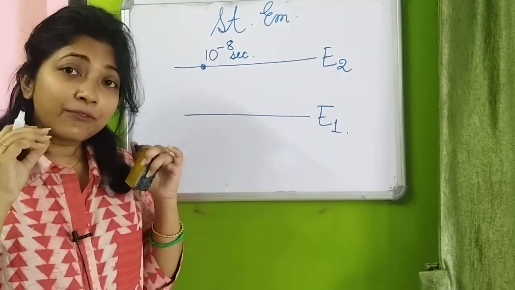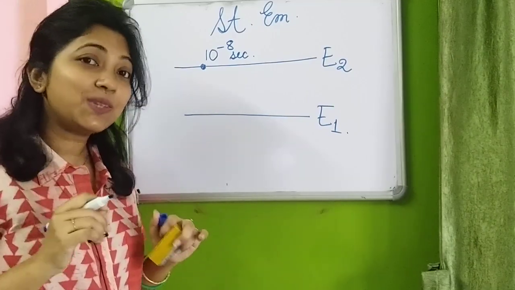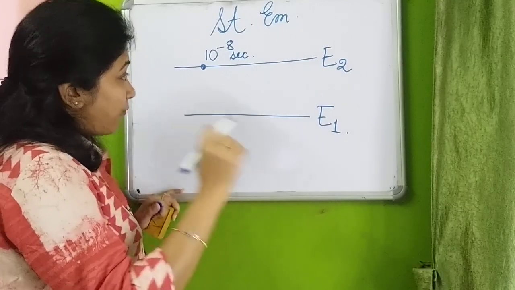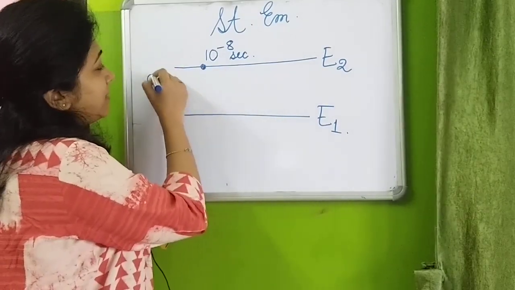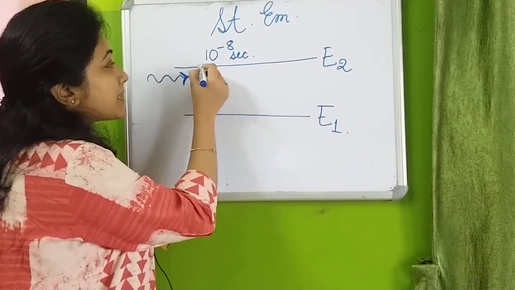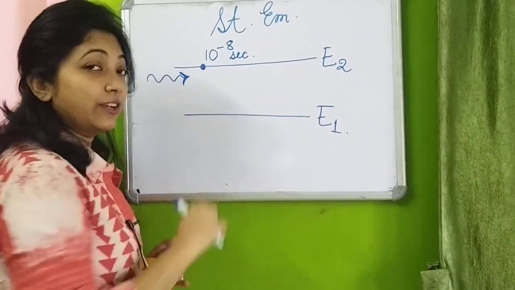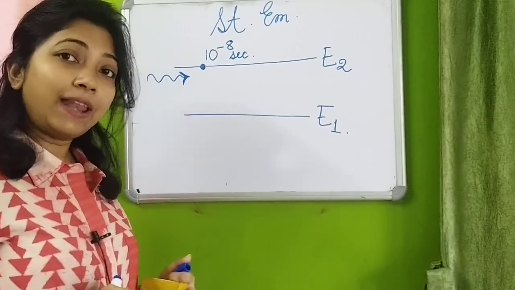So within this 10 to the power minus 8 seconds, which is very, very small, I know, what can we do if another stimulating photon can be brought very close to this excited electron? Then what will happen?